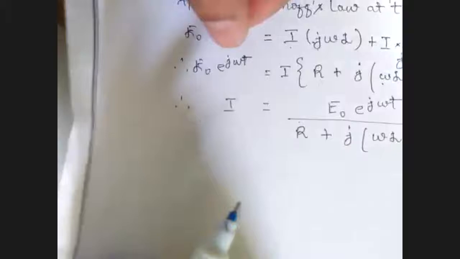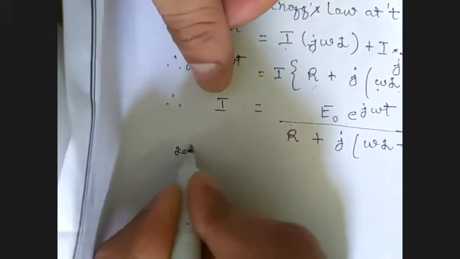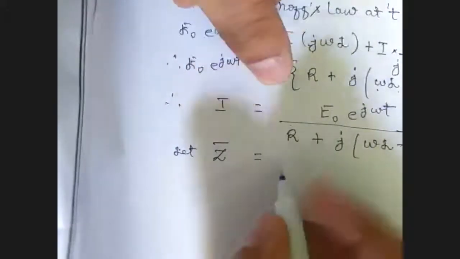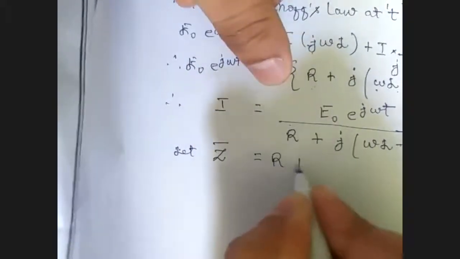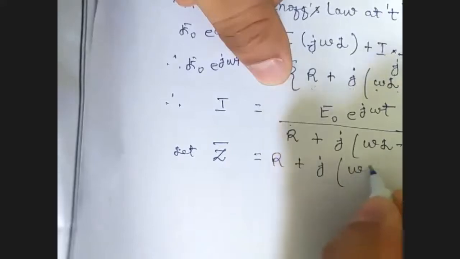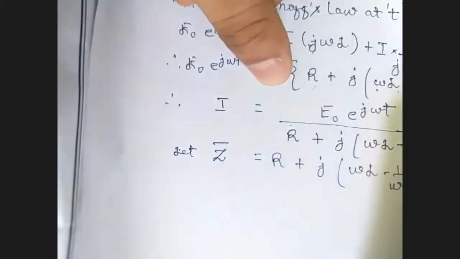So let us consider Z bar is equal to R plus j omega L minus 1 upon omega C. For us, this is small 1.